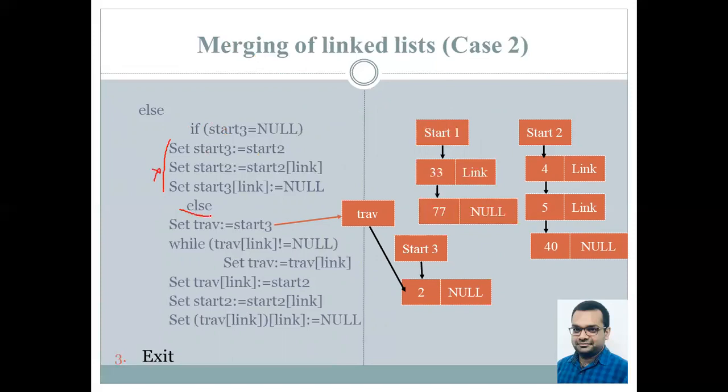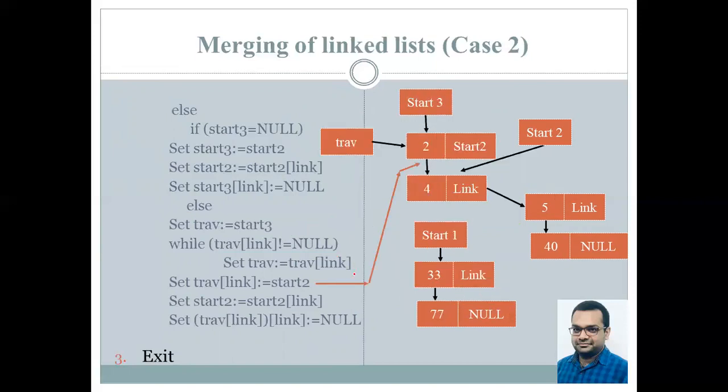Now control jumps over here and checks if start 3 is not null, so therefore traversal is set to the value of start 3, that is the address of the first node. Now it will go inside the while loop and check if traversal link is not null, which is actually false over here because traversal link, as you can very well see, is null over here. So therefore this statement will not be executed.